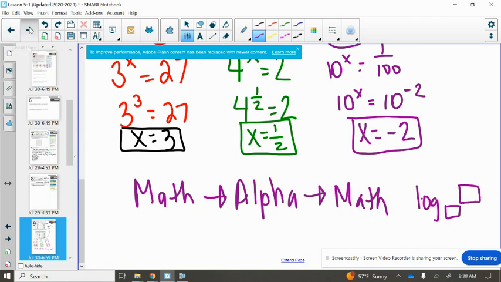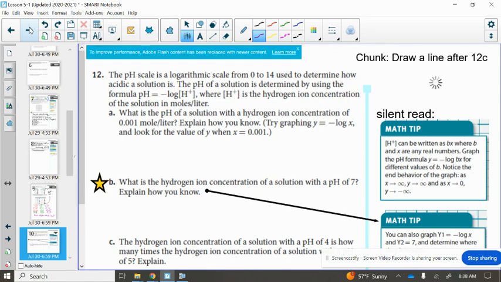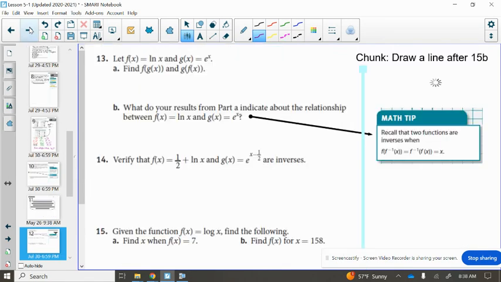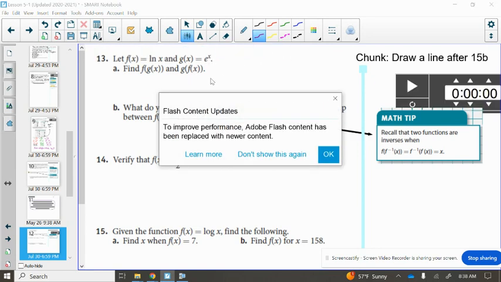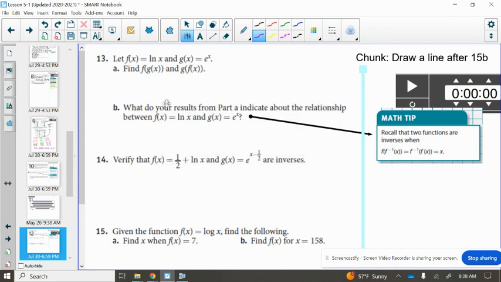All right, now, one last thing, using these log properties to show these inverse relationships. Remember, if two functions are inverses of each other, they are going to allow us to cancel out so that f of g of x and g of f of x equal each other. So if we take f of g of x, where f of x is ln of x, I'm going to plug in e to the x for x.